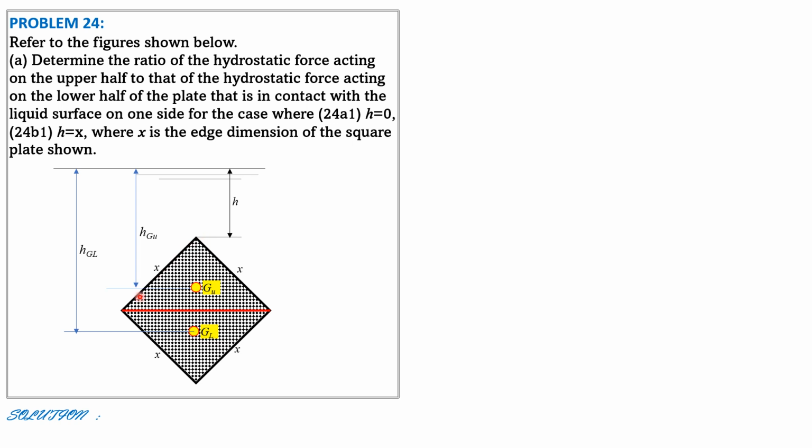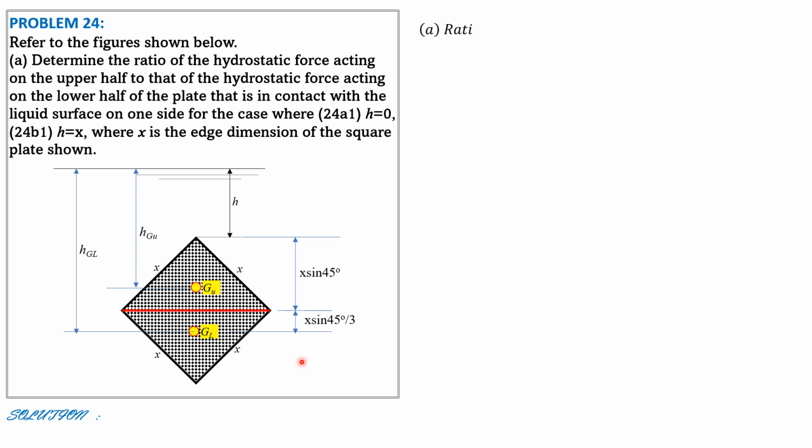Then because this is X and this is 45 degrees, this vertical distance from the vertex to this dividing line is X sine 45, as shown. And since this is the centroid of the triangle, this is 1/3 of the height, 1/3 of X sine 45. Likewise, this is 1/3 of X sine 45 degrees.